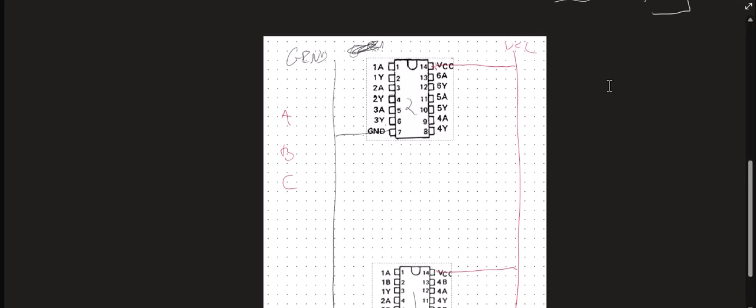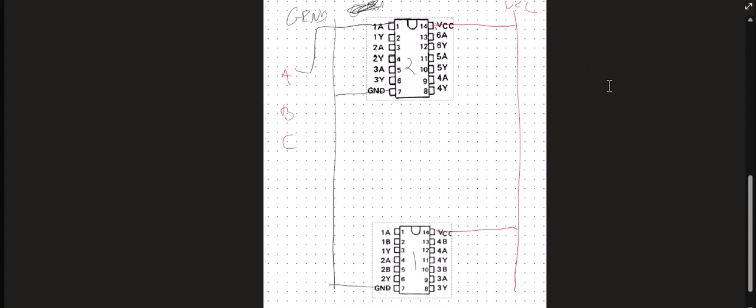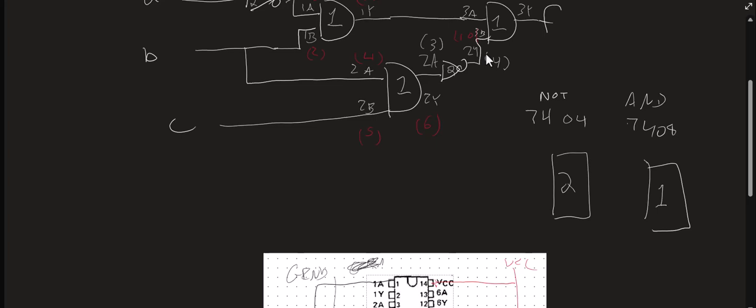So A went to pin 1 of chip 2, and B went to 2 and 4 of chip 1. And C went to 5 of chip 1.